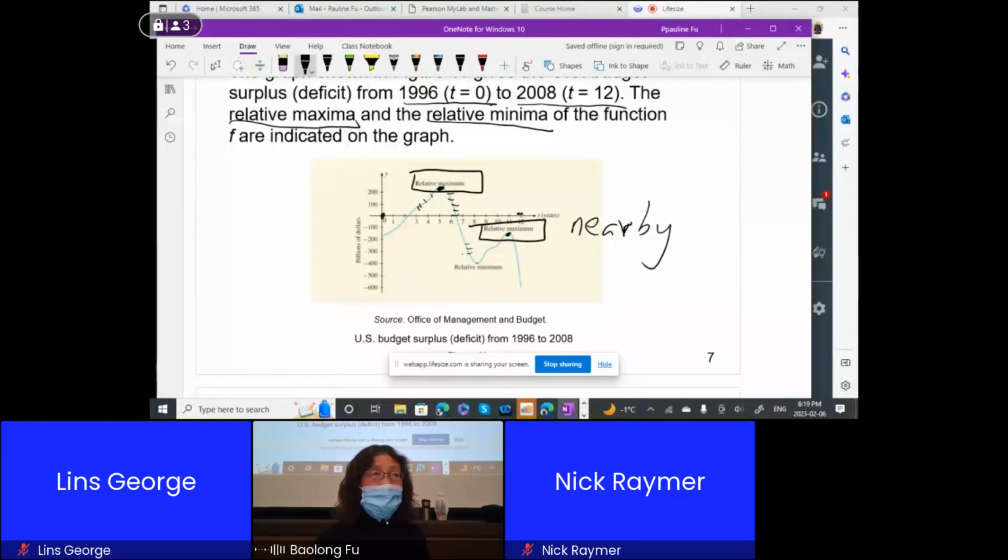Did anyone spot the difference? There are two relative maximums, but they are different. Did you see the difference between those two maximums? Yes.